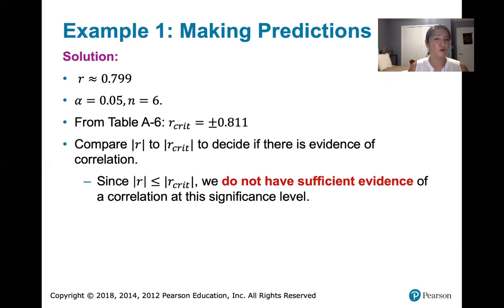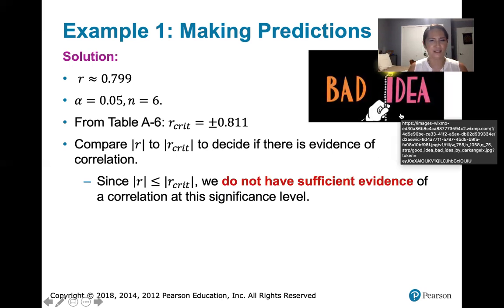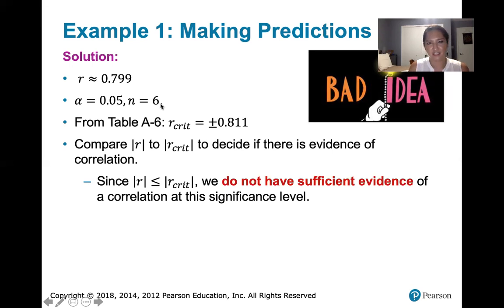So maybe we could have sufficient evidence of a correlation with a larger sample size. That's possible. But with this alpha level, with these 6 ordered pairs, we don't have sufficient evidence of a correlation. So that means it is a bad idea to use the regression equation to approximate anything. We don't have evidence of a linear relationship between the 2 variables. So we absolutely should not use the equation of that line to predict anything.